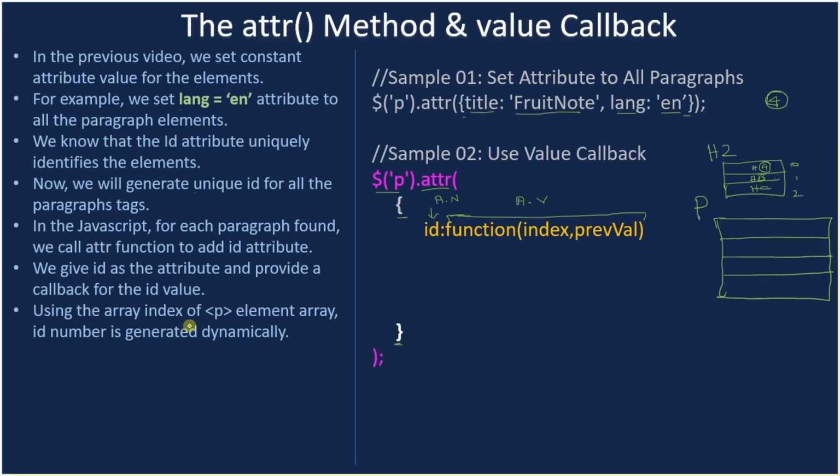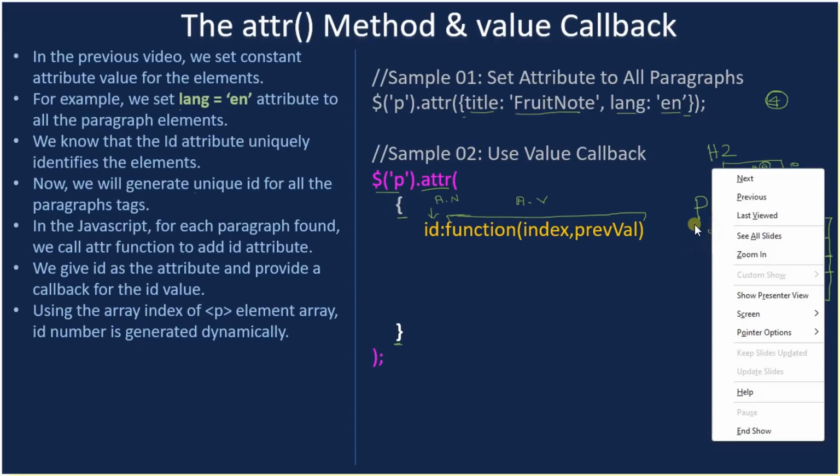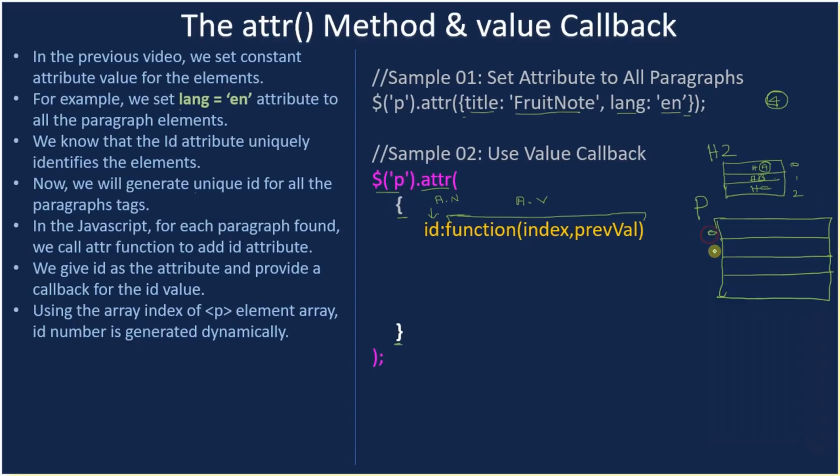Using the array index of the p element array, the ID number is generated dynamically. So you know that we have 4 paragraphs, and the callback function is simply returning a string, para, appended with the index.